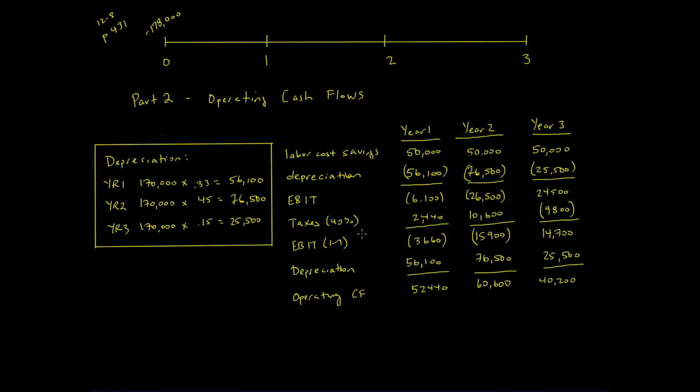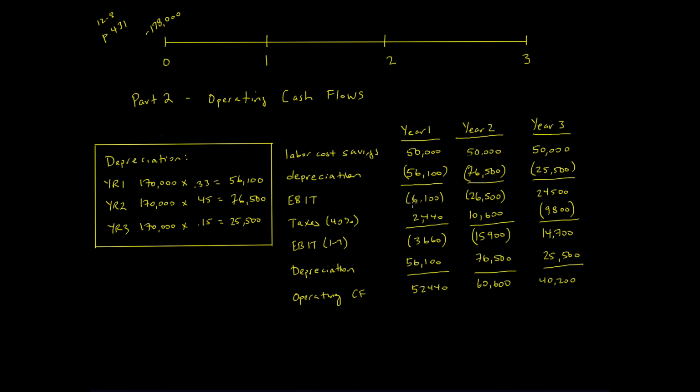On the next line, taxes. This is where some students tend to get a little bit confused. When I have a negative EBIT, I'm going to have a tax saving. So think about what this represents. A negative EBIT is money that I don't have to pay taxes on. It's money that I should have to pay taxes on if it were earnings, but since it's negative, it decreases operating income.